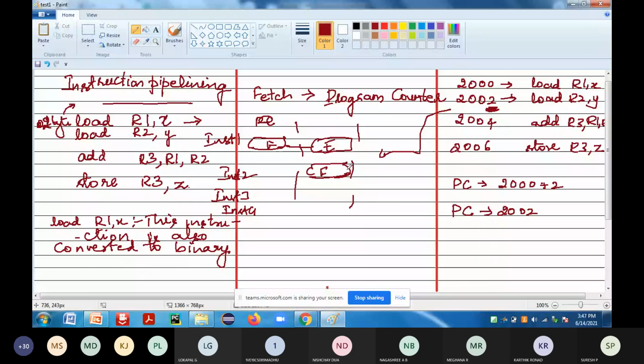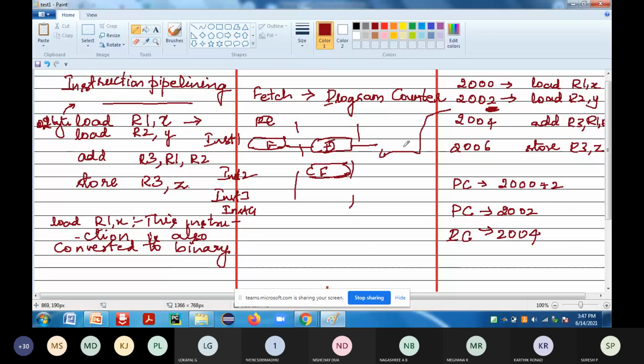Once it is fetching the second instruction, the program counter has to point to the next address, which is located at 2004, since we are assuming load R2 comma Y is consuming 2 bytes of memory.